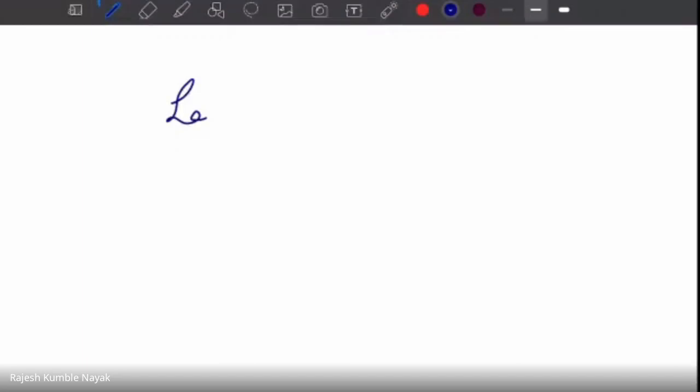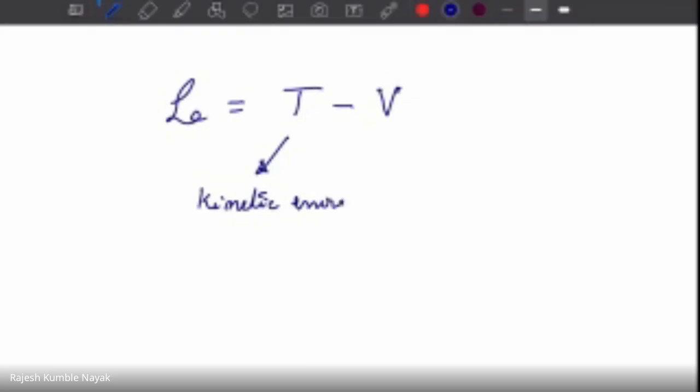Yes, sir. Okay. So the Lagrangian is basically defined as T minus V. T is kinetic energy, and V is potential energy.